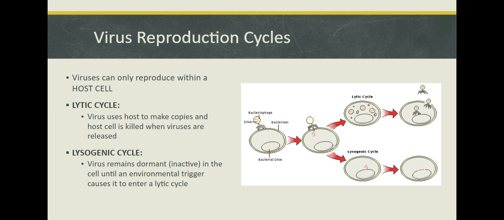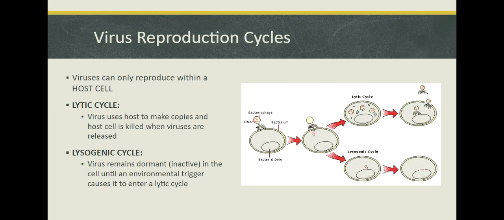Then those virus parts are going to be assembled. And then finally, if you are looking at the top line, the last picture, you will see that those new viruses are leaving the host cell. This does kill the host cell. And each of those new viruses can go make more copies using new host cells.